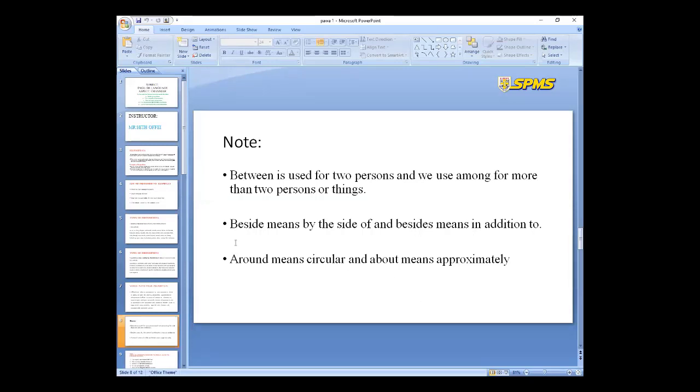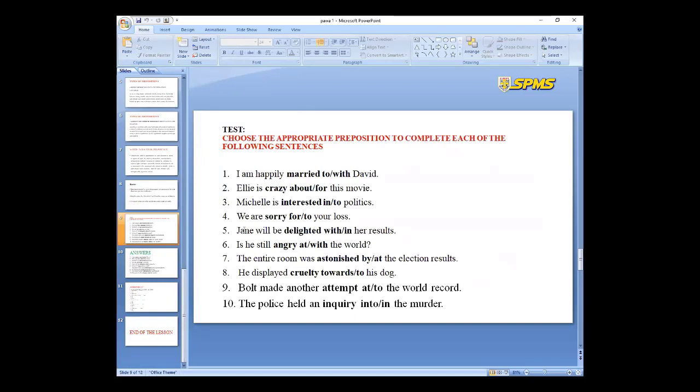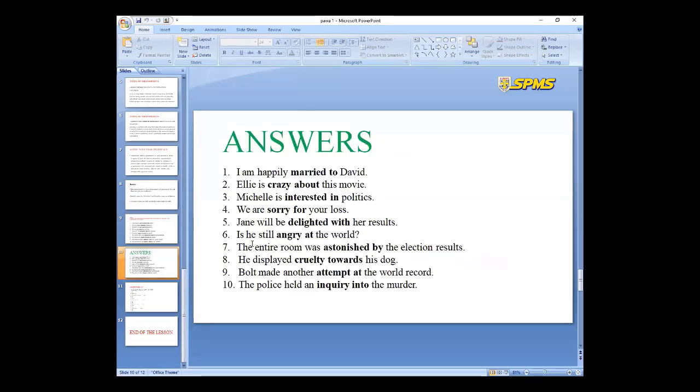Then we learned beside, around, and about. We used those examples to solve these questions.